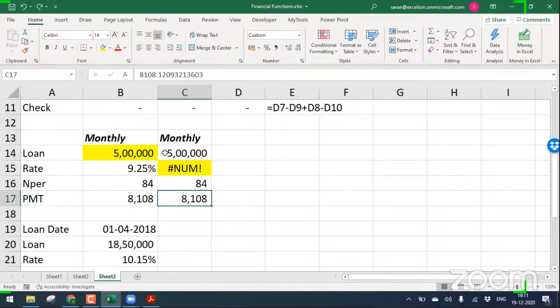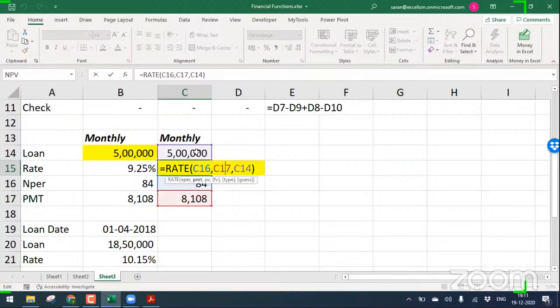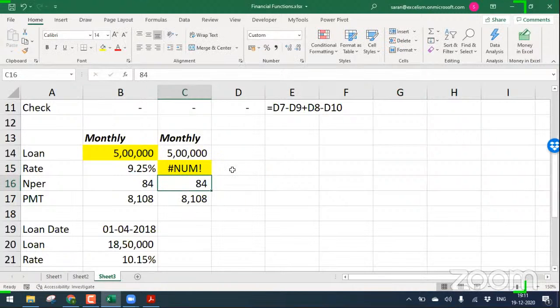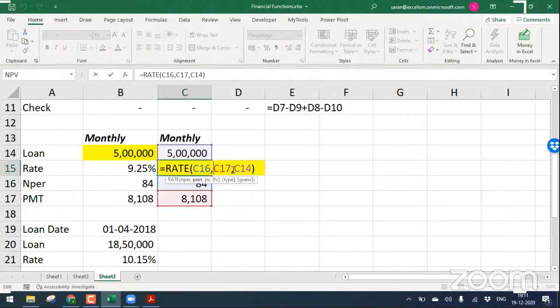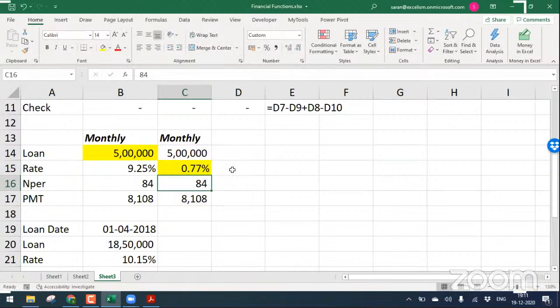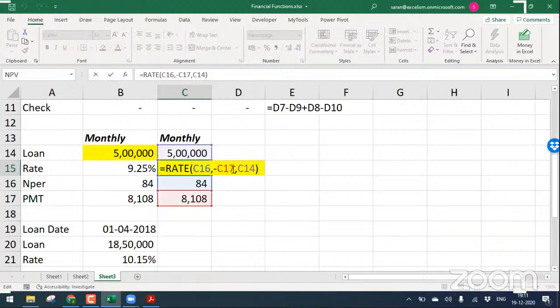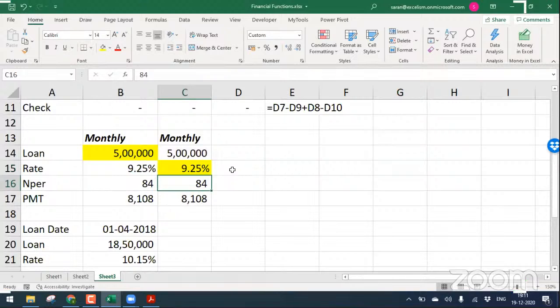So either this must be minus or this must be minus. But in this present case, this is positive and this is positive. That's not possible, so that's the reason Excel is saying numerically it's not possible. I think you got the logic. So I just made it minus. So let me put into 12 because it's a monthly interest. So I got it.